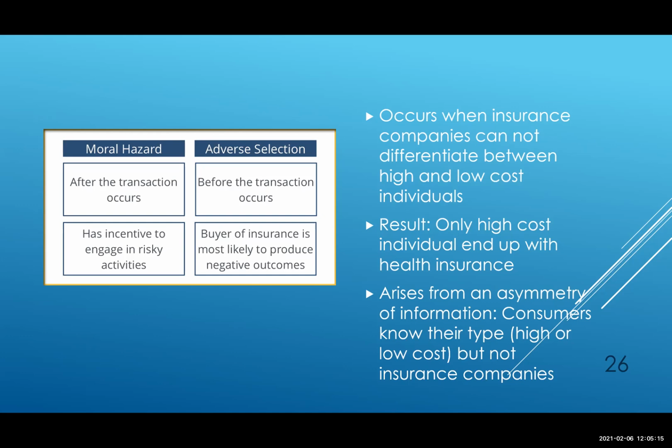Whoever the buyer is, they know your health status better than the insurance company. So this occurs when the insurance companies cannot differentiate between high or low cost individuals. This is adverse selection, remember. The result, only high cost individuals end up getting health insurance. And this arises from this asymmetric information. Consumers know their type, high or low, but the insurance companies do not.